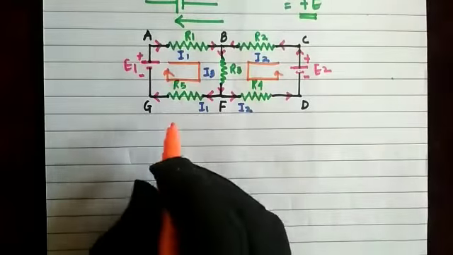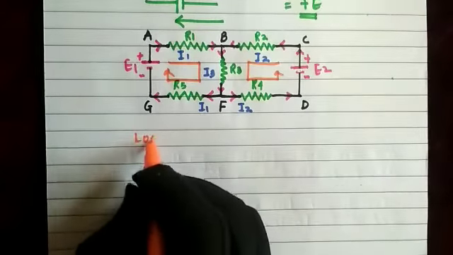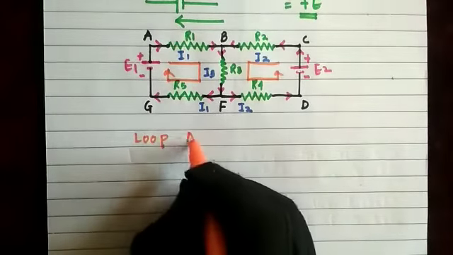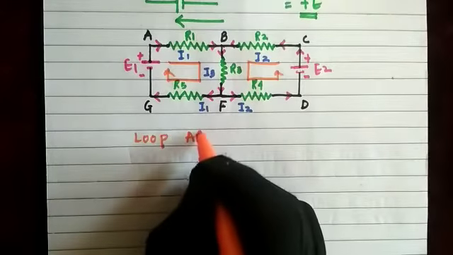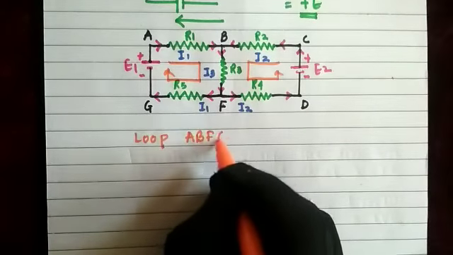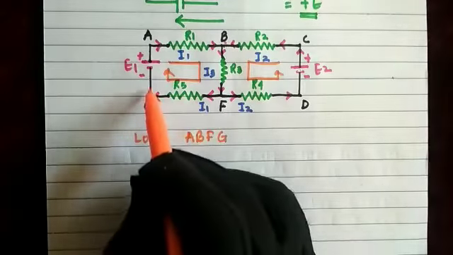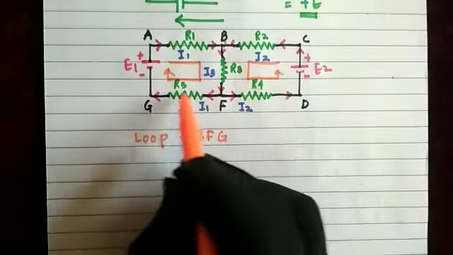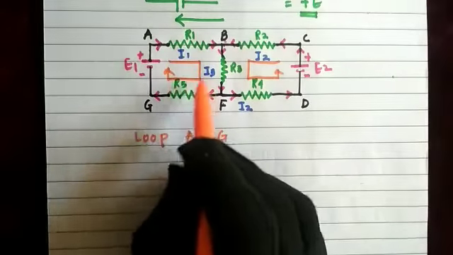So let's apply Kirchhoff's voltage law in loop A, B, F, G. That means we are applying Kirchhoff's voltage law in this part of the electrical network, loop number 1, in clockwise direction.